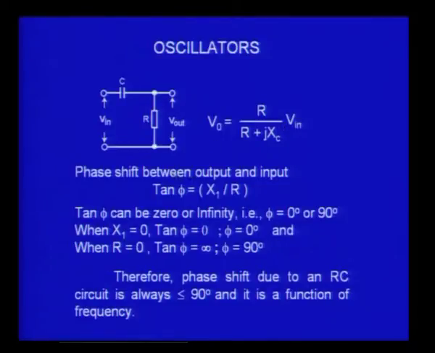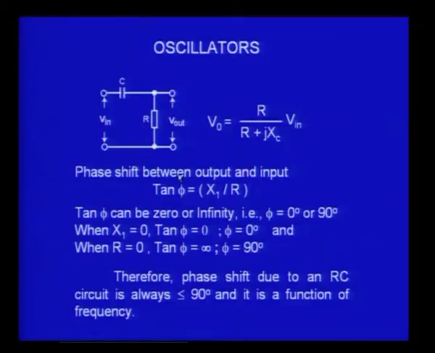So, what is the phase shift in this case? It is given by tan phi equals XC by R, that is, we have written here X1 by R, that is the phase difference phi. This simple RC network will automatically give a phase shift, where X1 is 1 by omega C, where omega is the angular frequency, which is equal to 2 pi f, where f is the frequency of the input sine wave.